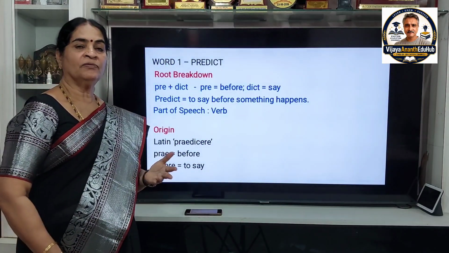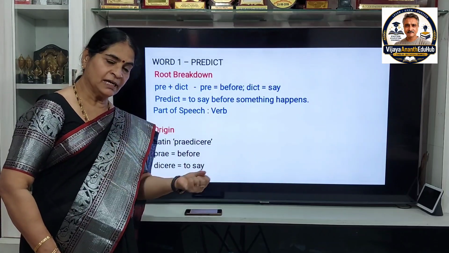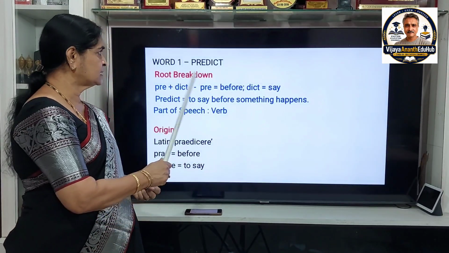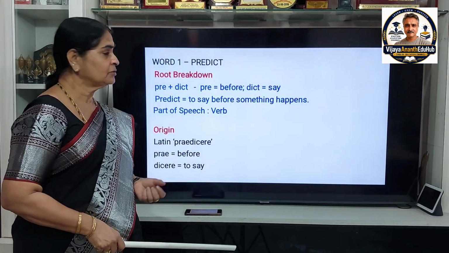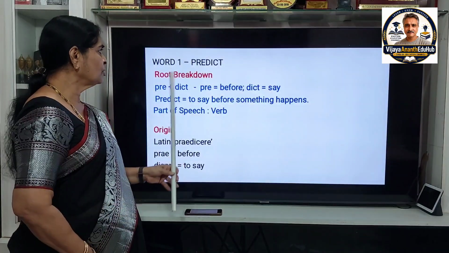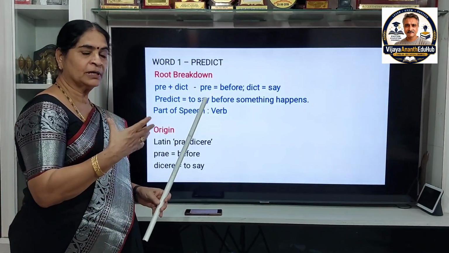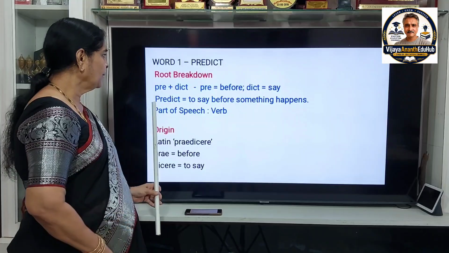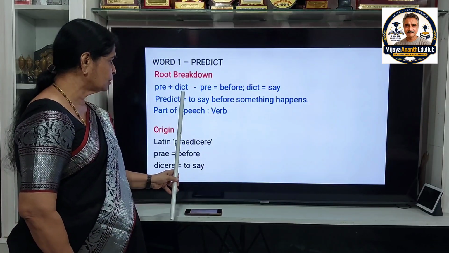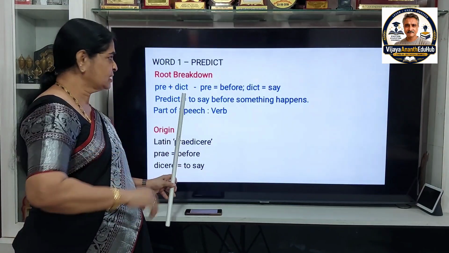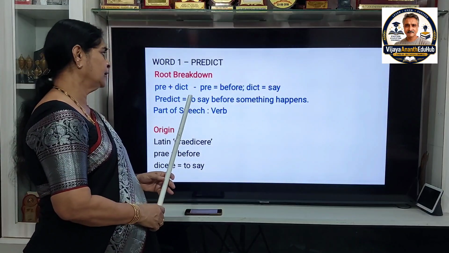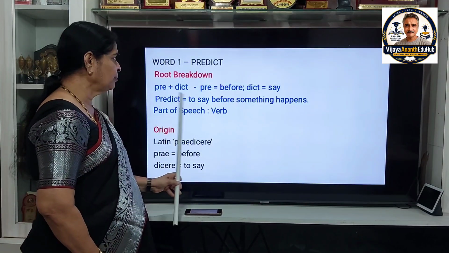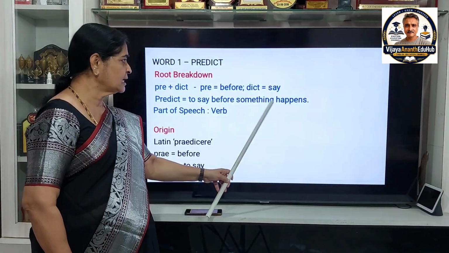Now, the words taken from the root dict. Word one, predict. Let's know more details about the word. The root breakdown, breaking the root and the remaining word, is pre plus dict. This is the root. We have to separate the root separately to understand it in detail. Predict. Pre means before, dict means say.